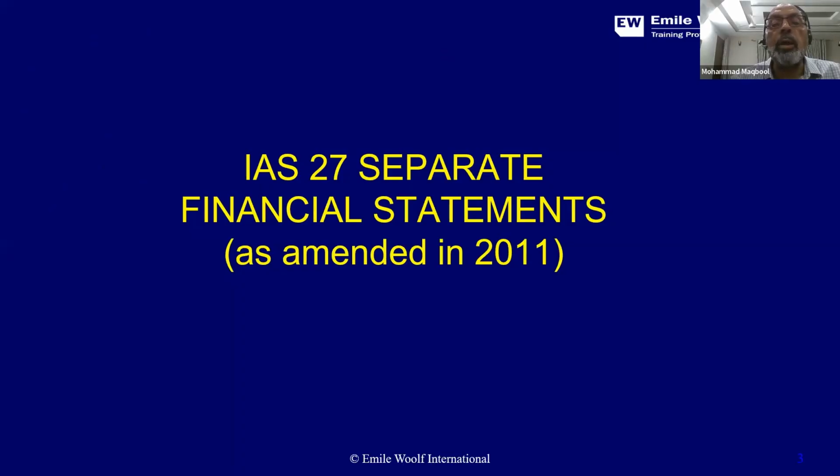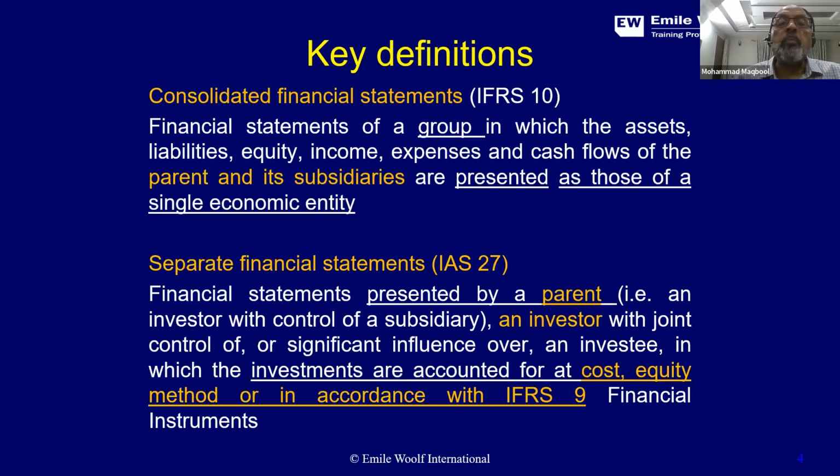IAS 27 deals with the separate financial statements. IFRS 10 deals with the consolidated financial statements where a parent has to present all its subsidiaries just like a single economic entity, which we call the group accounts or consolidated accounts. For separate accounts, I already discussed that three methods are available.